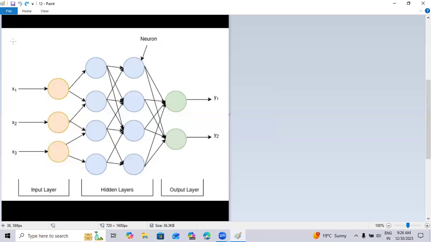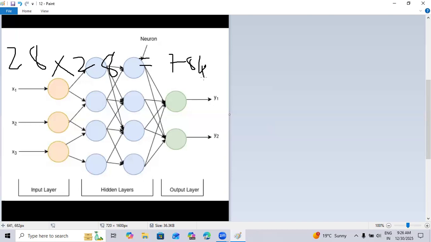Normally the pictures are 28 into 28, so I think that equals 784 or something.